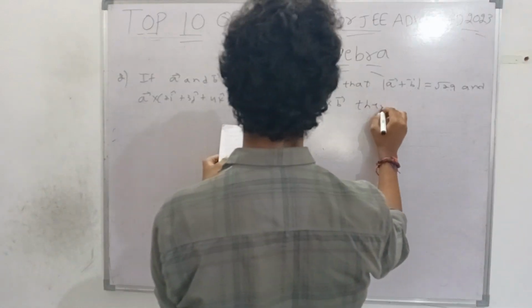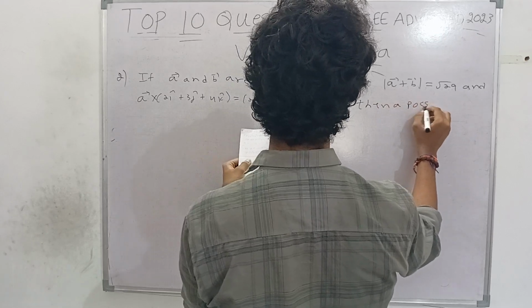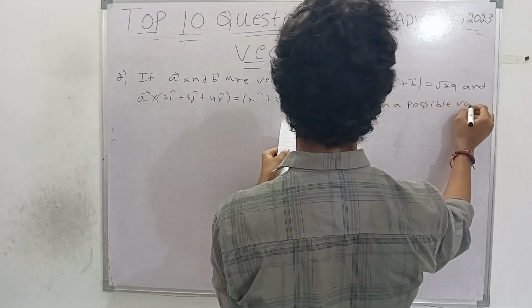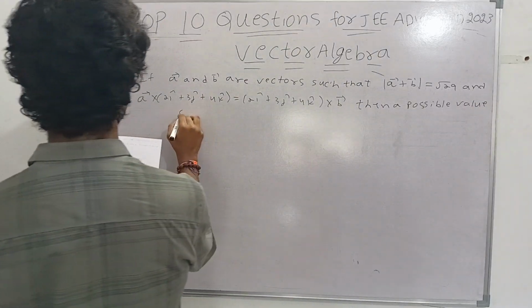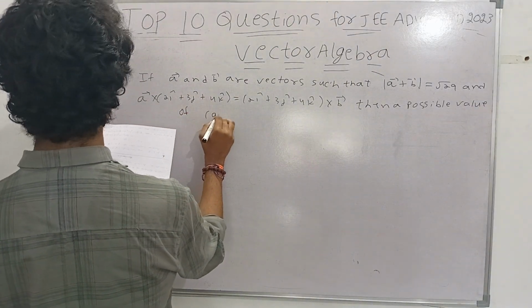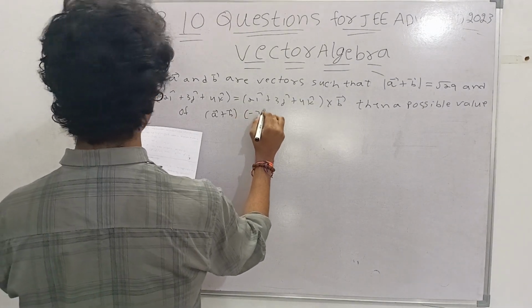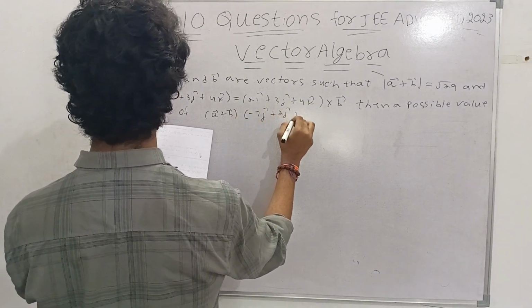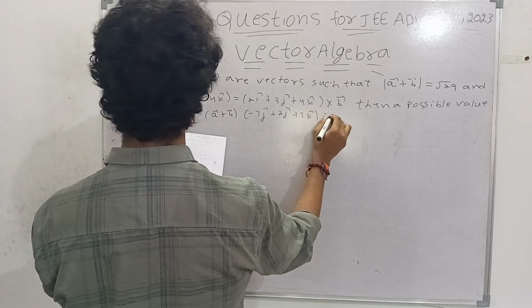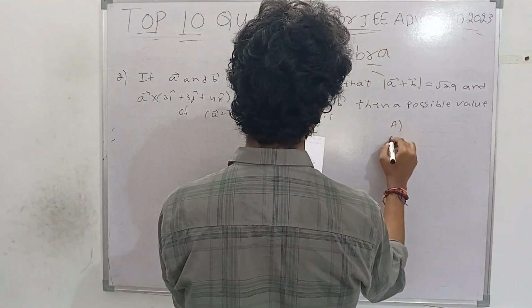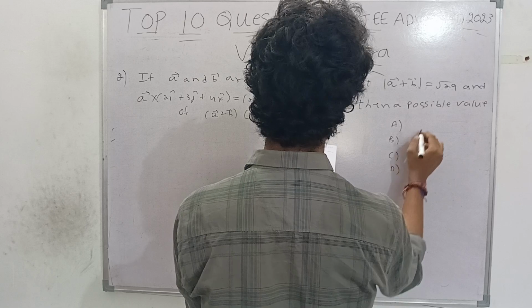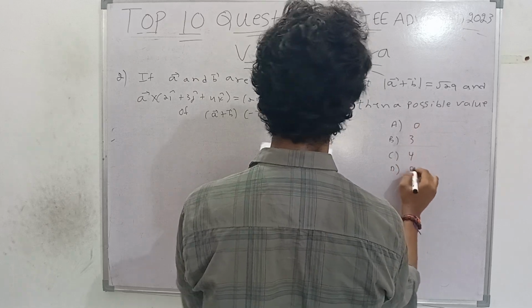Then a possible value of a bar plus b bar dot magnitude of 7j cap plus 2j cap plus 3k cap. This is a very important question. A, B, C, D are the options given: 0, 3, 4, 8.